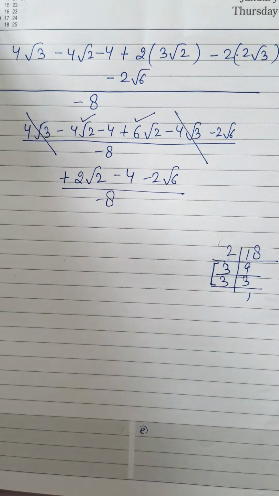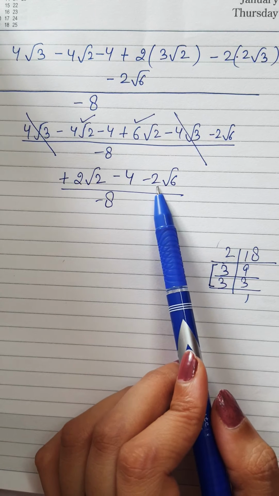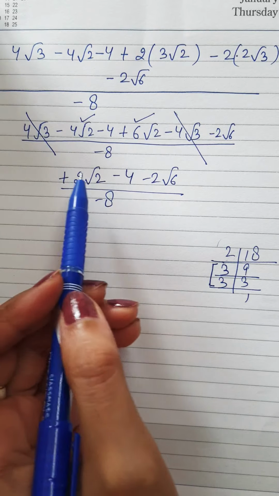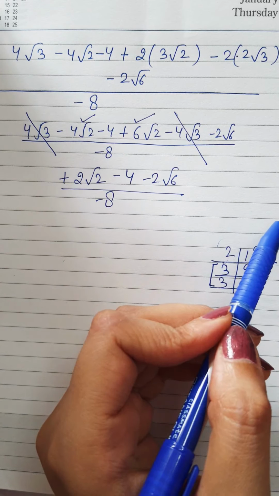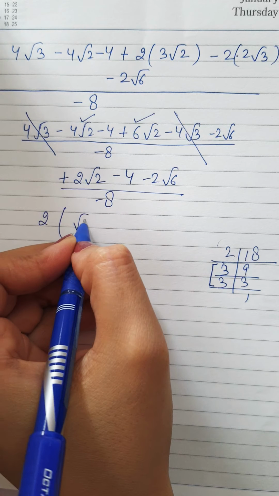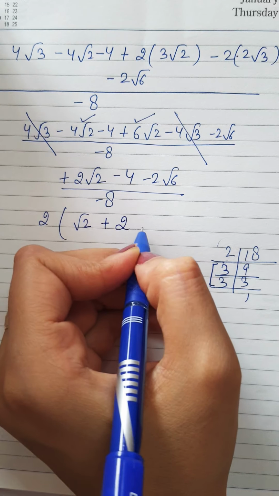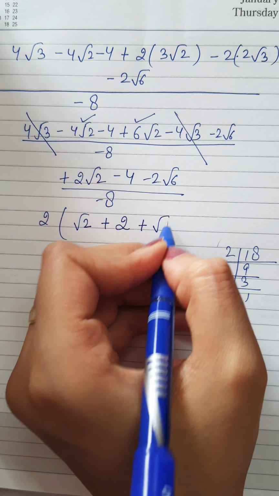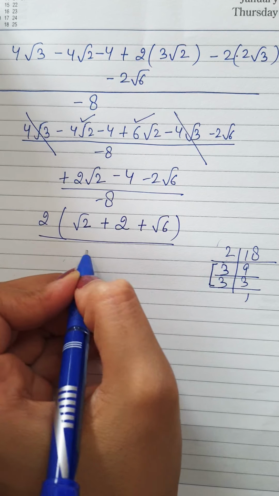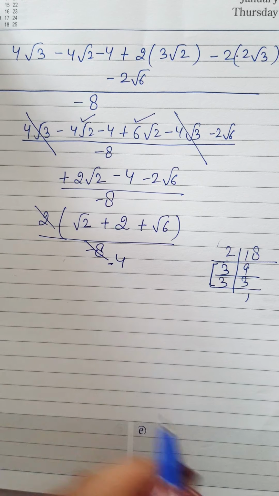Now in this we do not have any like terms that we can simplify. All we can do is, let's take 2 common from here. So root 2 plus 2 plus root 6 upon minus 8. This we can cancel. Minus 4.